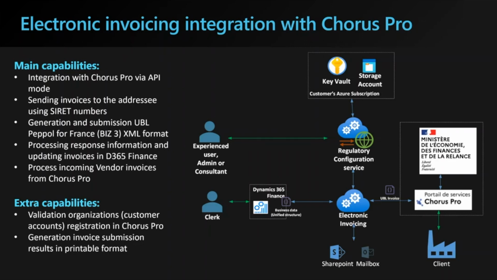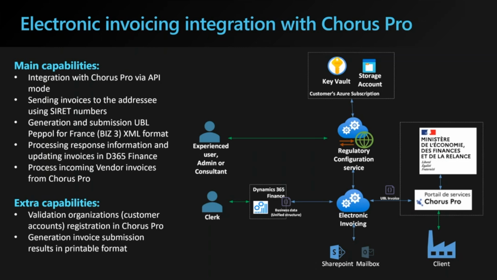functionality that we will be bringing, or plan to bring, during this calendar year: validation of organizations which are registered in Chorus Pro by means of validating the serial numbers.